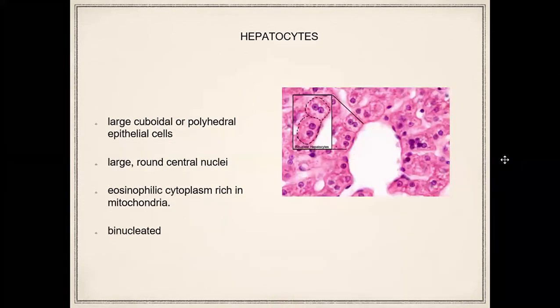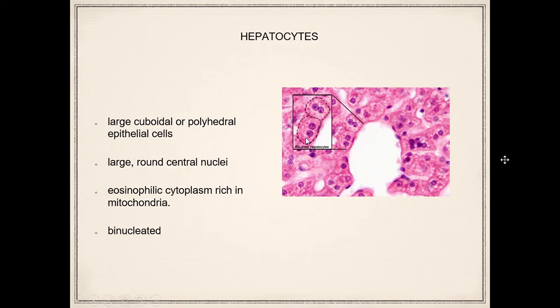Hepatocytes are large cuboidal or polyhedral epithelial cells. Cuboidal or polyhedral, so many sides. It is large, round, and has large central nuclei.